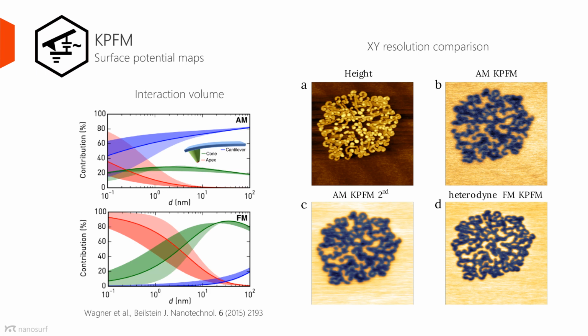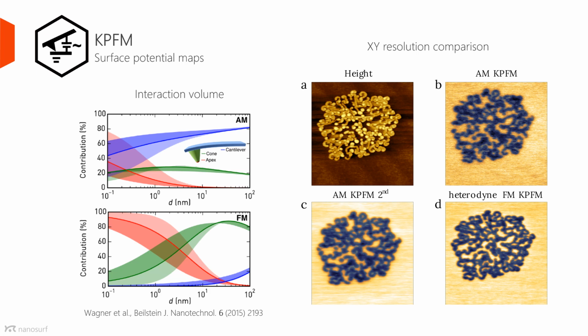Why is that? Okay, so for instance, here we have an interaction volume. It's telling us, depending on the distance between the cantilever and the surface, which part of the probe interacts or contributes more to the electrical signal.